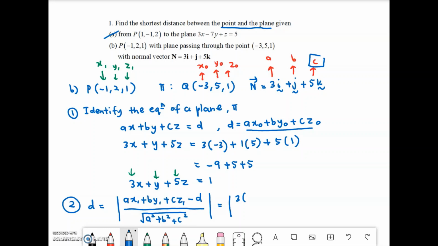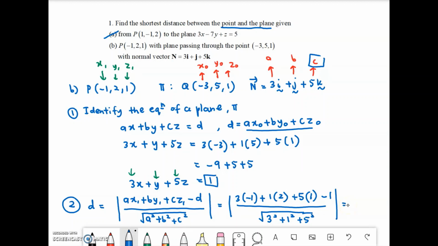So substitute into the formula of shortest distance. So we have 3 times -1 plus b, which is 1 times y1, plus c, which is 5, times 1, minus d, where d is equal to 1, divided by square root of 3 square plus 1 square plus 5 square.